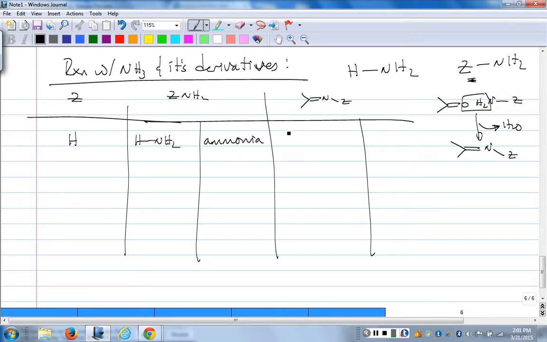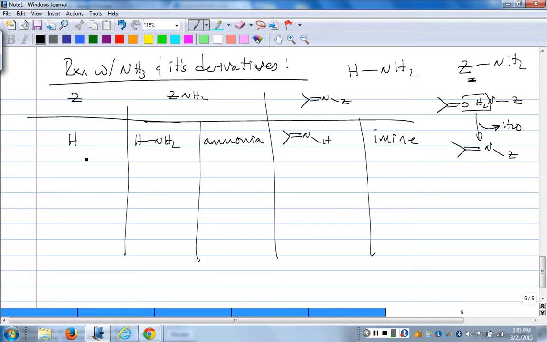And then what you have is something with a structure C=NH, and that's called an imine. So there are amines when the carbon is sp3 hybridized and singly bound to N. When the carbon is sp2 hybridized and so doubly bound to N, it's called an imine.